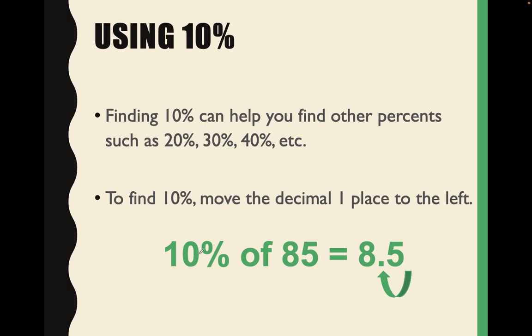Just as a quick mention, to find 10% of something, you just move your decimal one space to the left. So 10% of 85 is 8.5. I use this when I'm trying to calculate the tip on a bill. I often leave 20% tip, so if I find 10% and then I double it, that gives me my tip, which in this case would be $17.